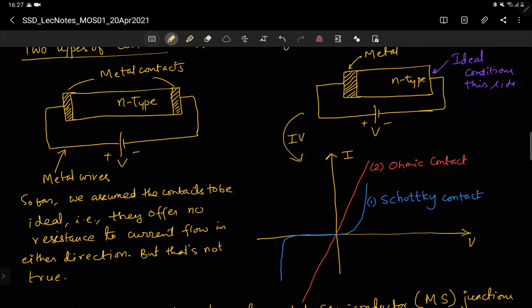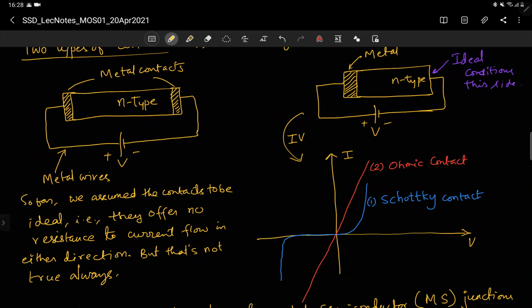But that's not true always, because contacts can be non-ideal also. Here there's no drop across these contacts, and they allow current to pass in both directions without distinguishing the direction of flow. Then they are kind of ideal.